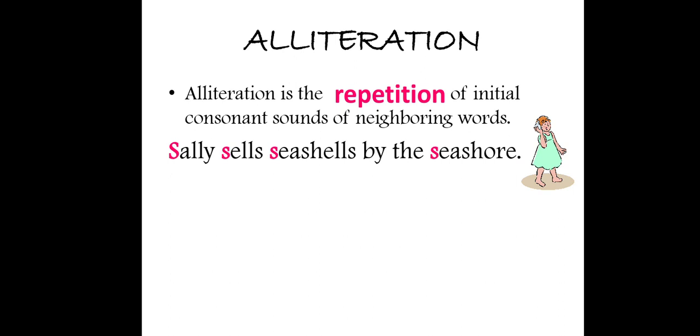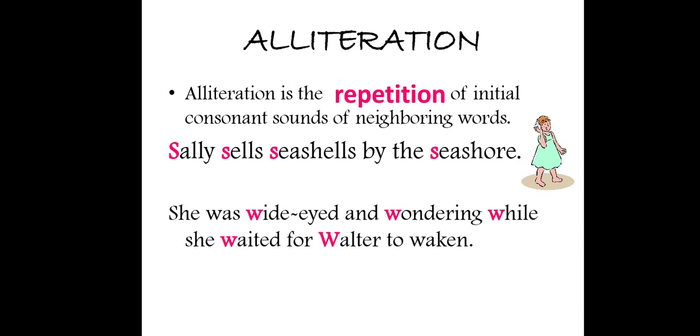Repetition of the sound S can be seen here. S is the consonant that is repeated again and again, and this is the initial consonant of each and every word. So, alliteration can be considered.